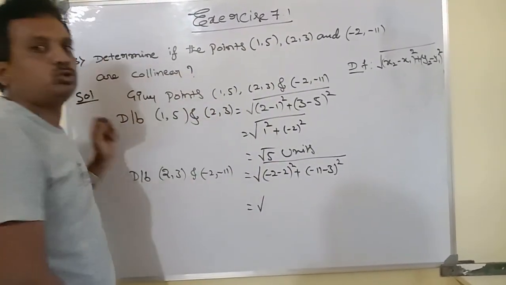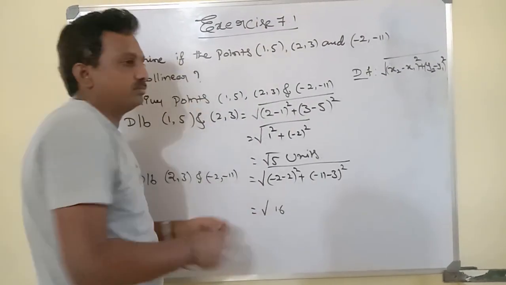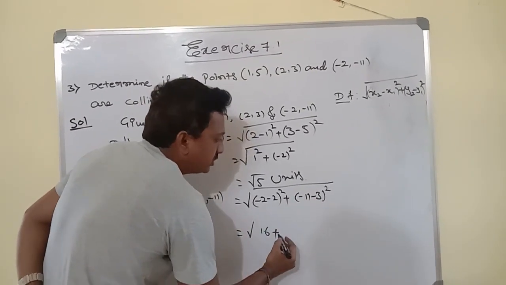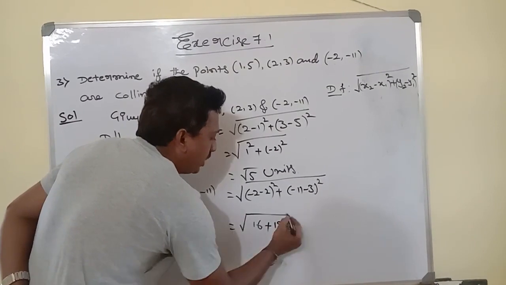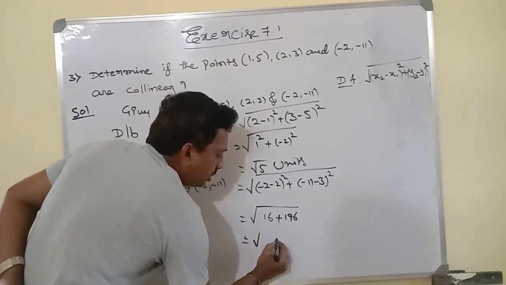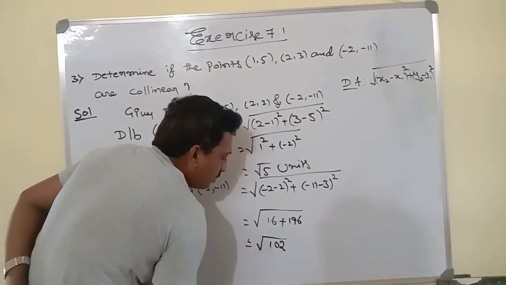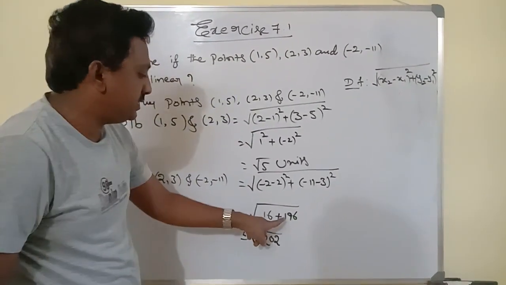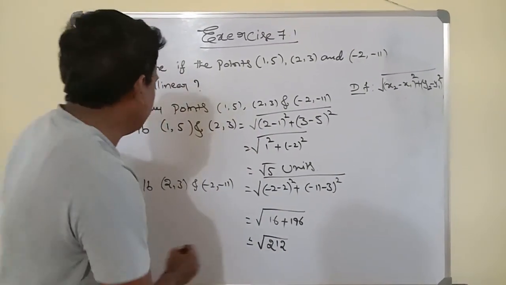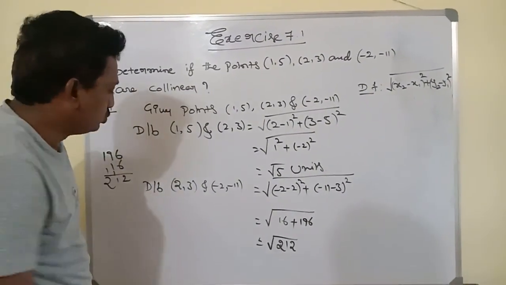That is (-4) whole square, which is 16, plus (-14) whole square, which is 196. So square root of 16 plus 196, which is 212. So square root of 212 units.